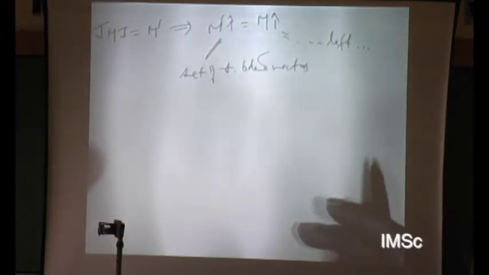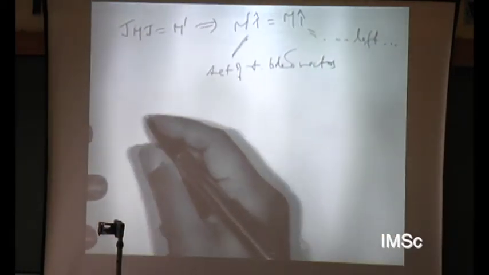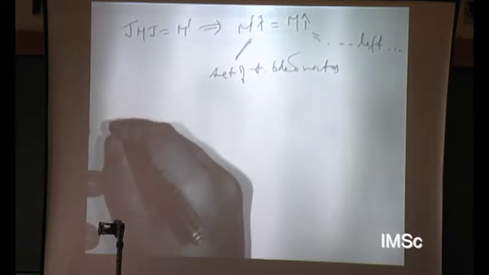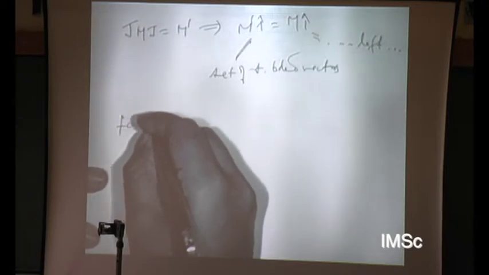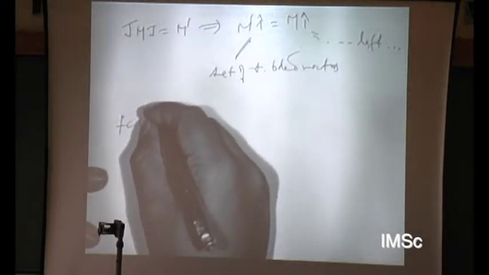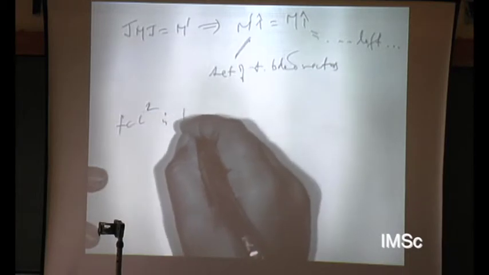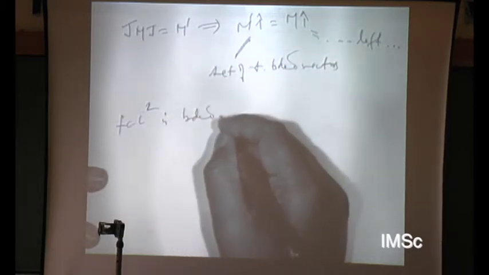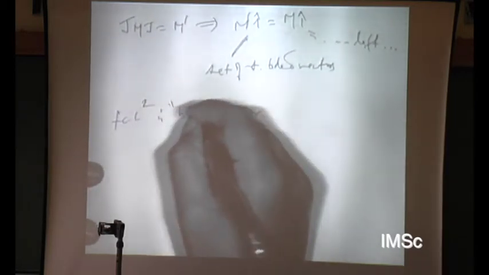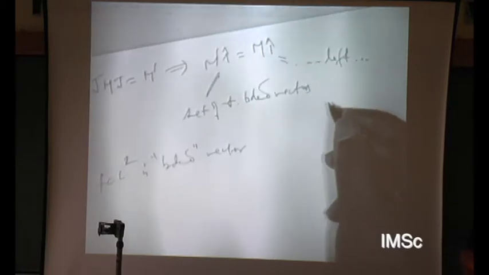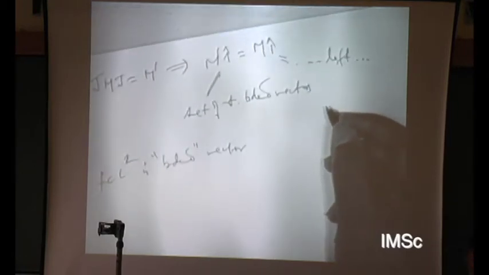Elements in L2 which act as bounded vectors. What does bounded vector in L2 mean? F in L2 is a bounded vector; this just means it is left bounded for the action of L infinity. Right?